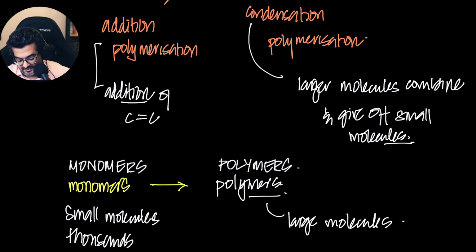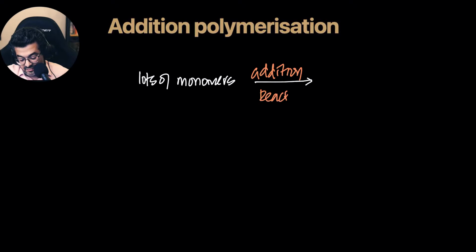Okay, so now the first kind of polymerization we're going to focus on, and generally the easier one, is addition polymerization. Basically the idea is that lots of monomers undergo an addition reaction to make a polymer.